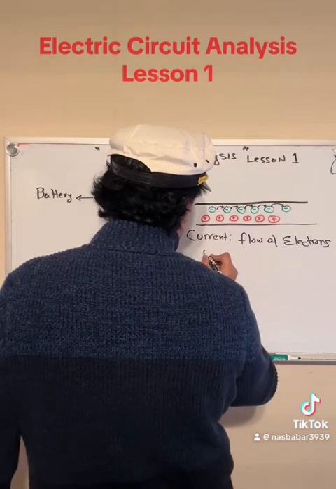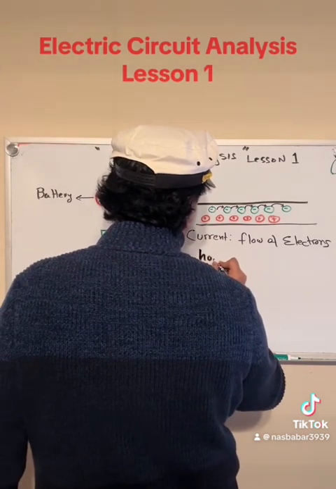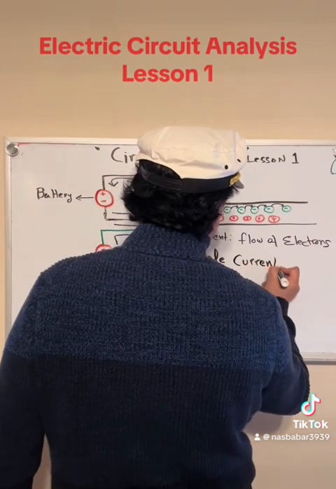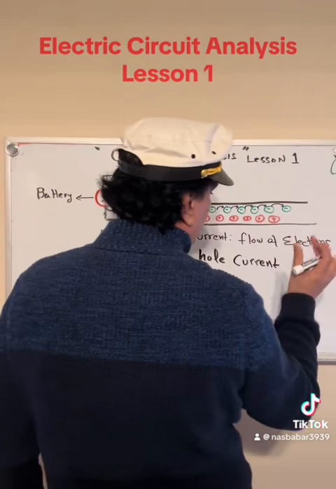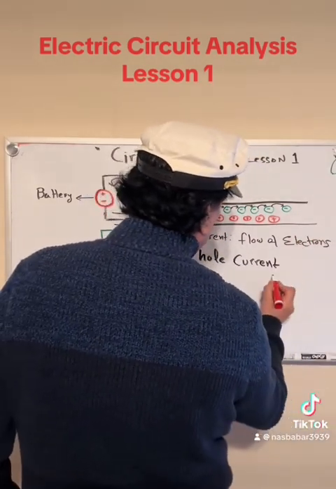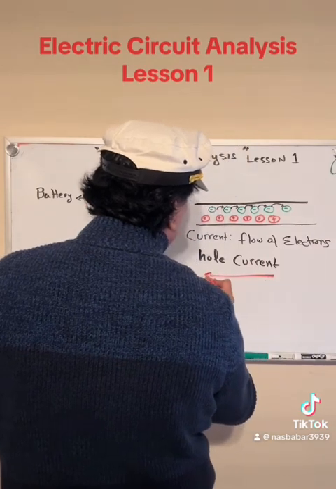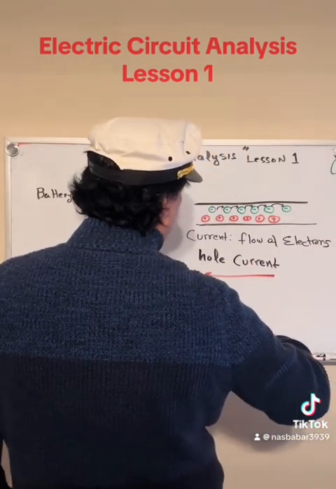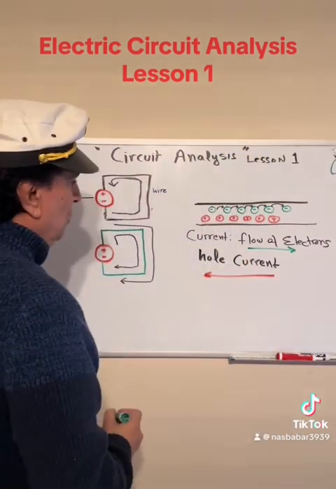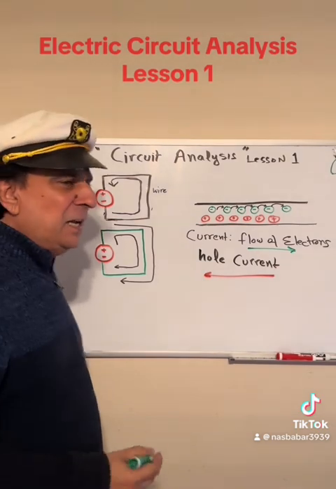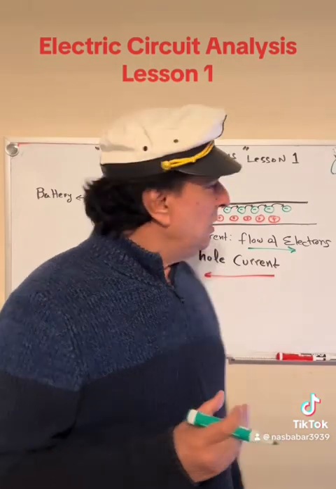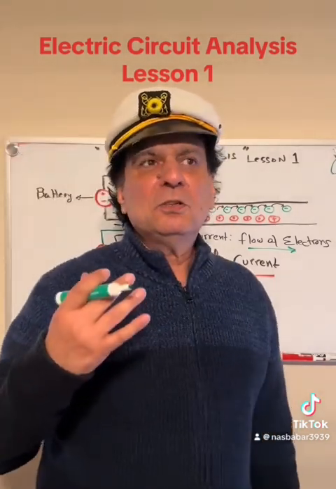That is called hole current, because there is a hole. When the negative leaves the atom, there is a hole. That's why we call this hole current, and we show the direction here, whereas we show the direction for flow of electrons this way. I hope this makes sense. I know it's a deviation, but we're doing it for the convenience of solving problems.